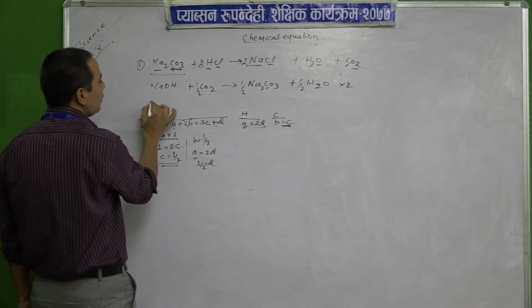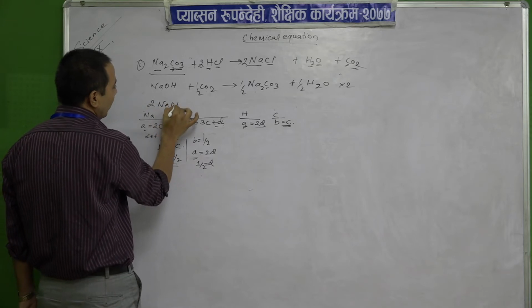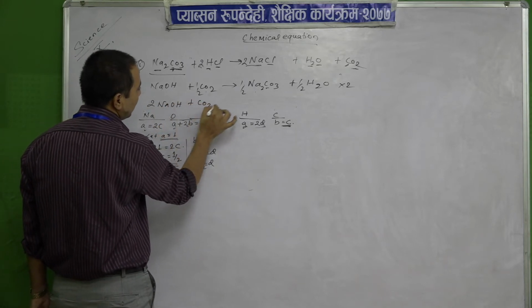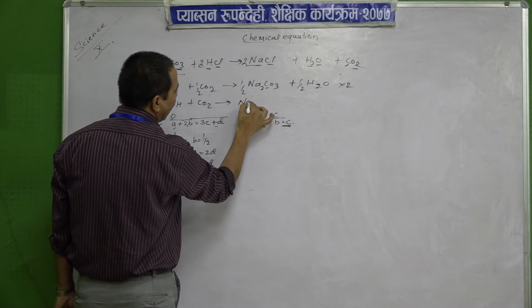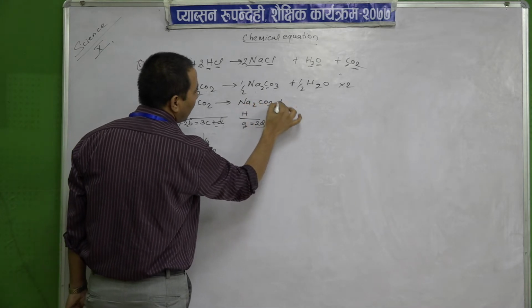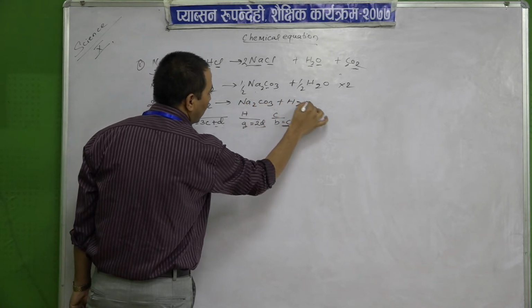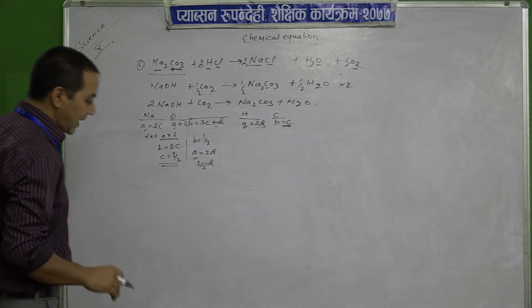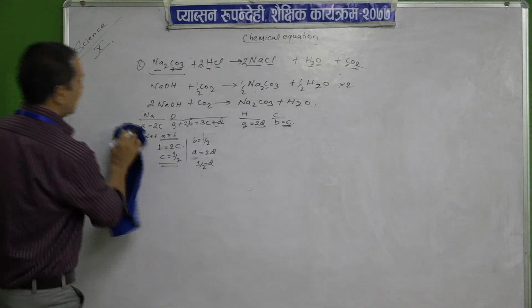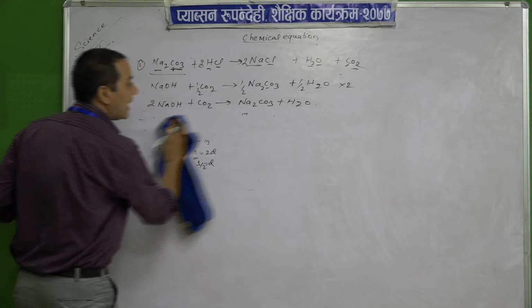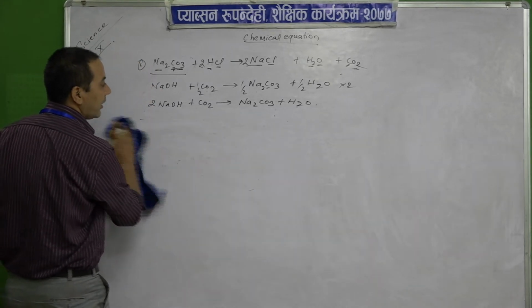So 2NaOH plus CO2 equals Na2CO3 plus H2O. Let's see whether it is balanced or not.